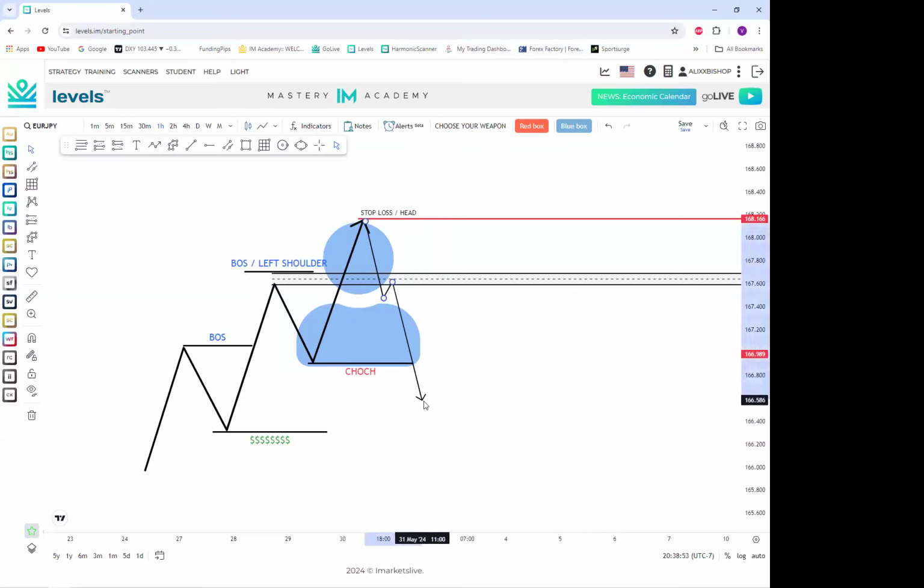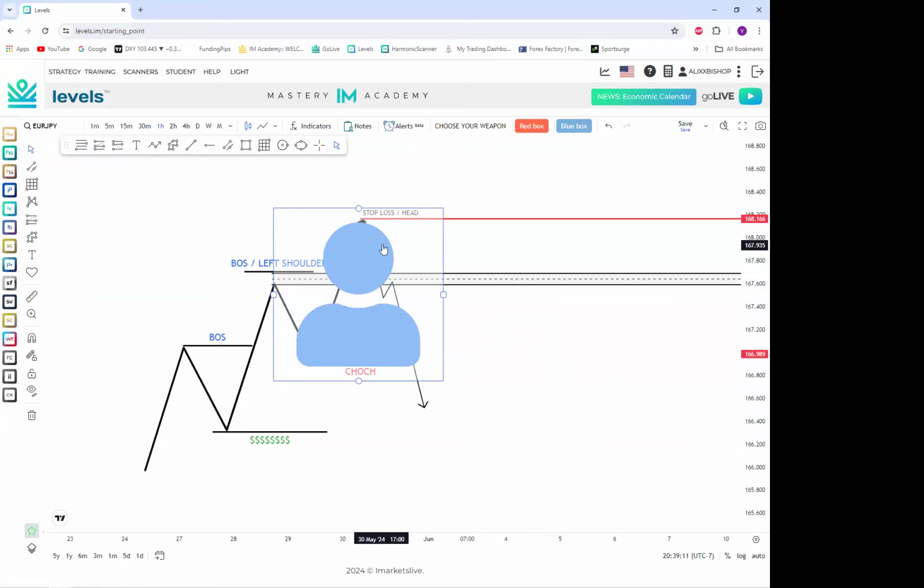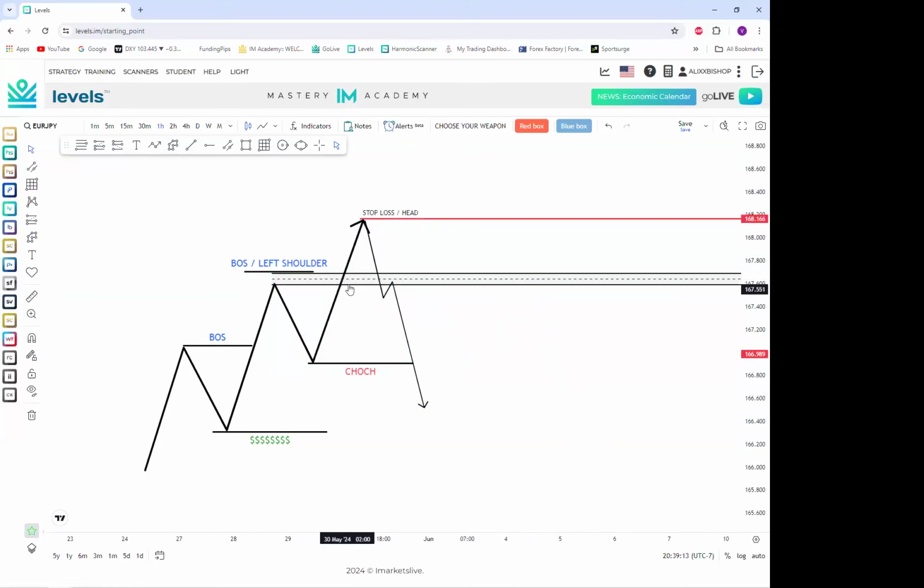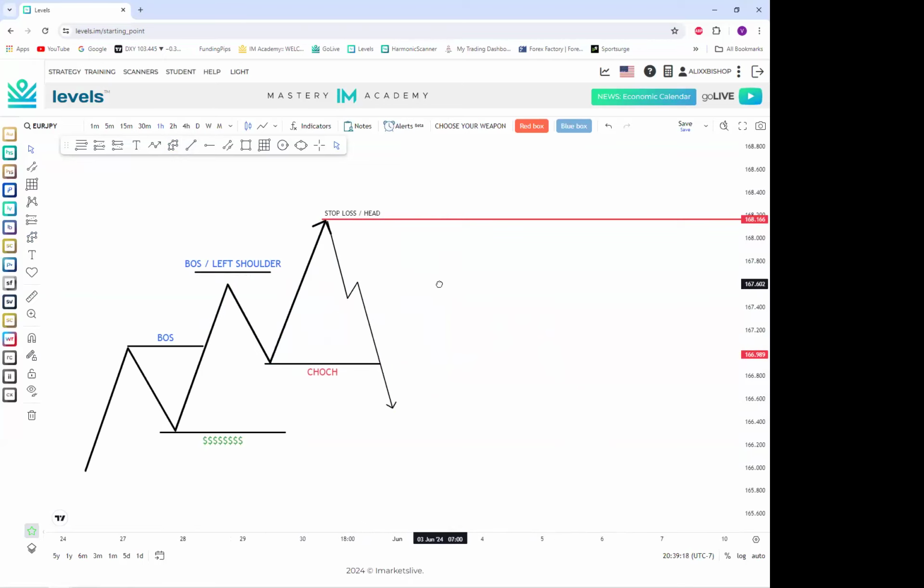Now, as soon as we get this change of character, guys, all we have to do is wait for the market to come back up, and we can use this zone to sell off. Give me a 6 if that makes sense, guys. That's one sell opportunity we can use.